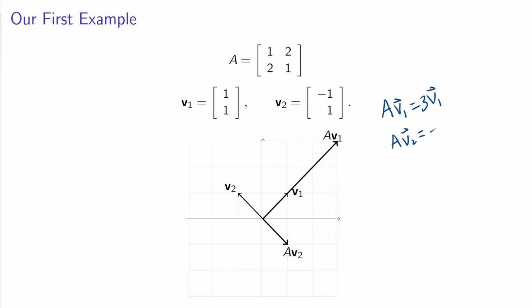So we found Av2 was negative v2. And you can see in the picture here that both of those vectors, after they get transformed by A, are either pointing in the same or exact opposite direction as the original vector. v1 is getting scaled up by 3, so it is 3 times longer after we transform it by A, but pointing in the same direction. v2 is just flipping directly around, the length of it not actually changing.